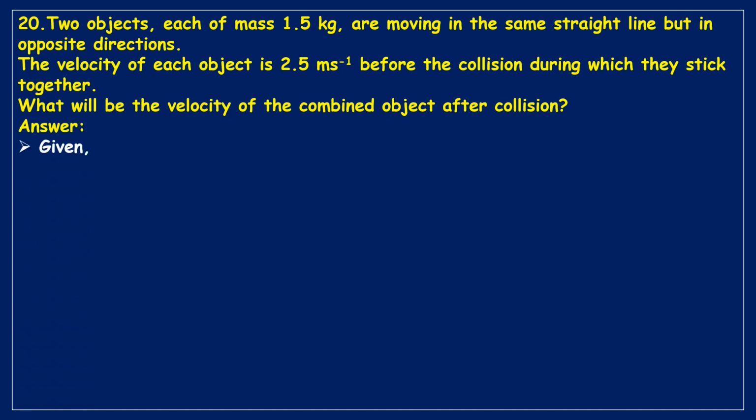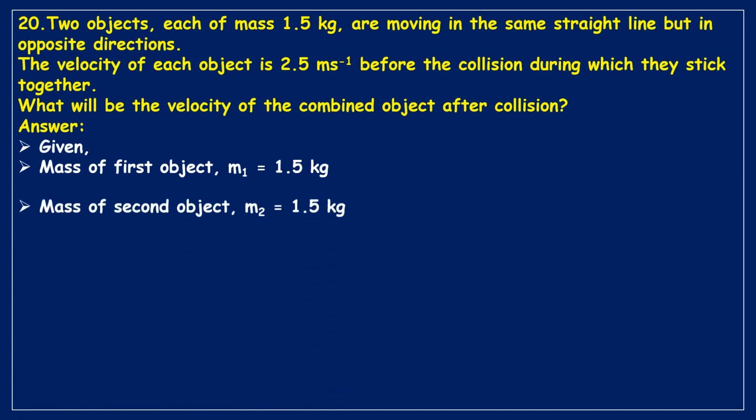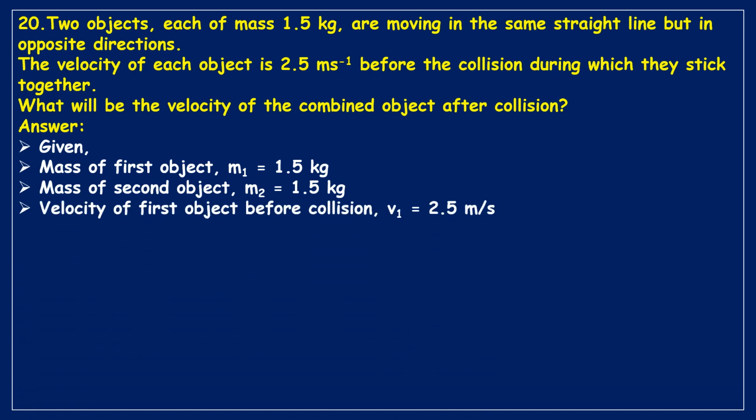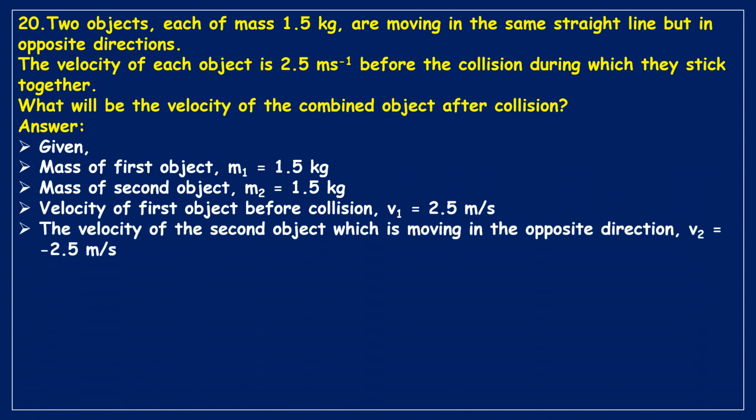Answer: given data, mass of the first object is 1.5 kg, second object also 1.5 kg. Velocity of the first object before collision is v1 equal to 2.5 meters per second. The velocity of the second object, which is moving in the opposite direction, is v2 equal to negative 2.5 meters per second.